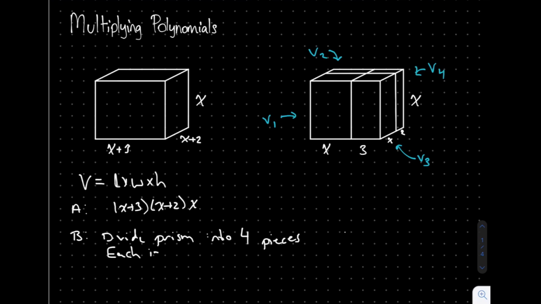The dimension of each prism here is a monomial, so I can find the volume of each fairly simply. Let's look at C. If I want to find the volume of V1, if we look on our picture, each side length is x, so the volume of V1 is x cubed.